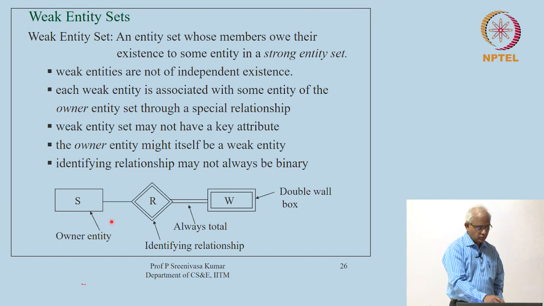This relationship is also called the identifying relationship, and this weak entity always participates totally in this identifying relationship, because this weak entity cannot exist unless it is related to some strong entity, the owner entity. So, this kind of situation arises, and in order to capture their meaning in the domain, we use this notion or concept of weak entities.